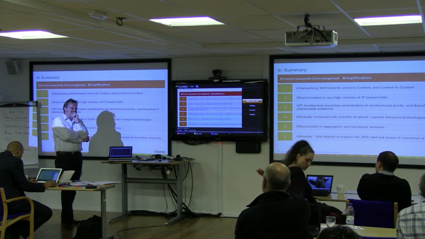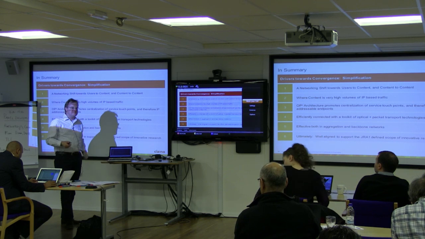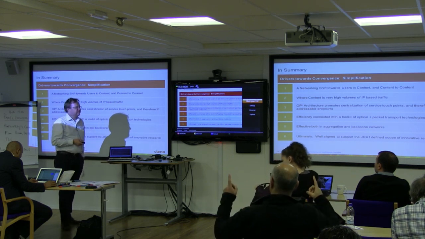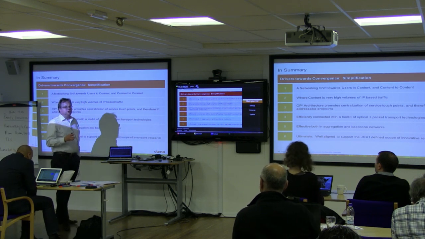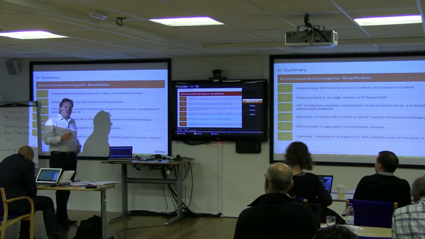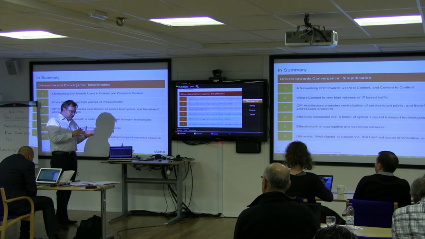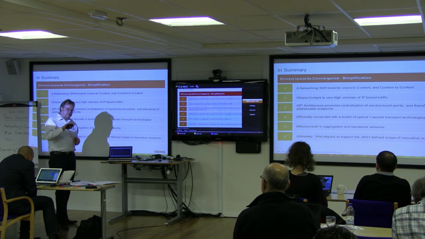OSNR as a function of amplifier spacing, for a given length. Yeah, in a way it's a linear model, and you can approximate it with quite a simple formula. That shows you, for example, if you have a given system with 10 spans and you double that system, your OSNR goes down by 3 dB.